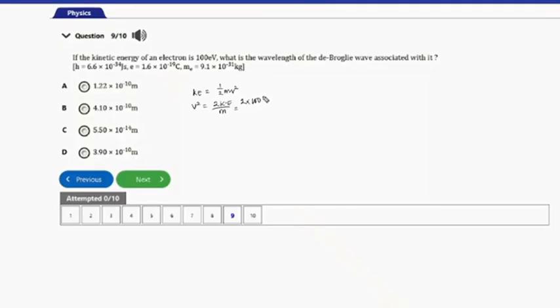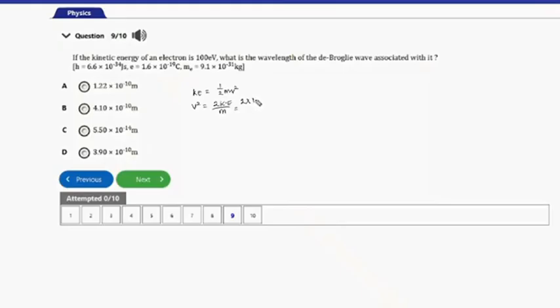So guys, the kinetic energy is actually 100 electron volts, and an electron volt is 1.6 times 10 to the power of negative 19 joules. So I have to convert these 100 electron volts to energy. We're going to multiply it by 1.6 times 10 to the power of negative 19.